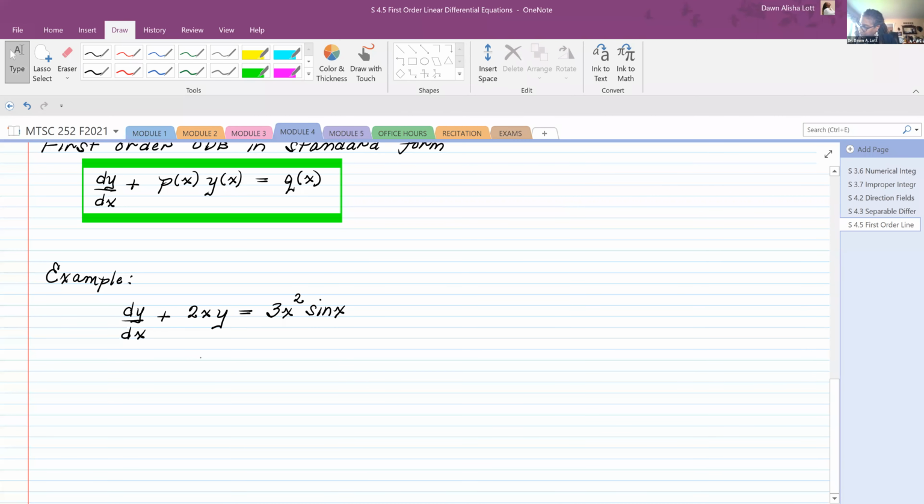Here you can see that p of x is 2x. It is the thing in front of the y. And you can see that q of x is 3x squared sine x. It is the only term on the right-hand side, and it does not contain y.